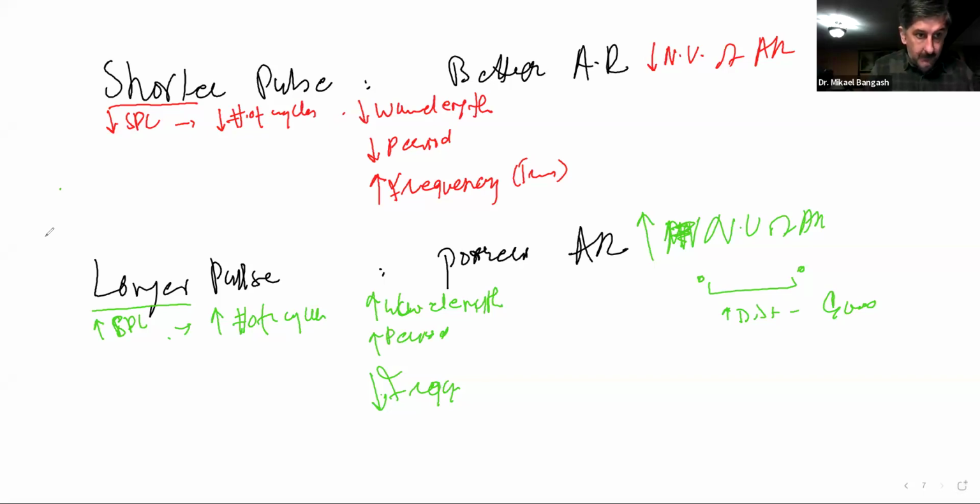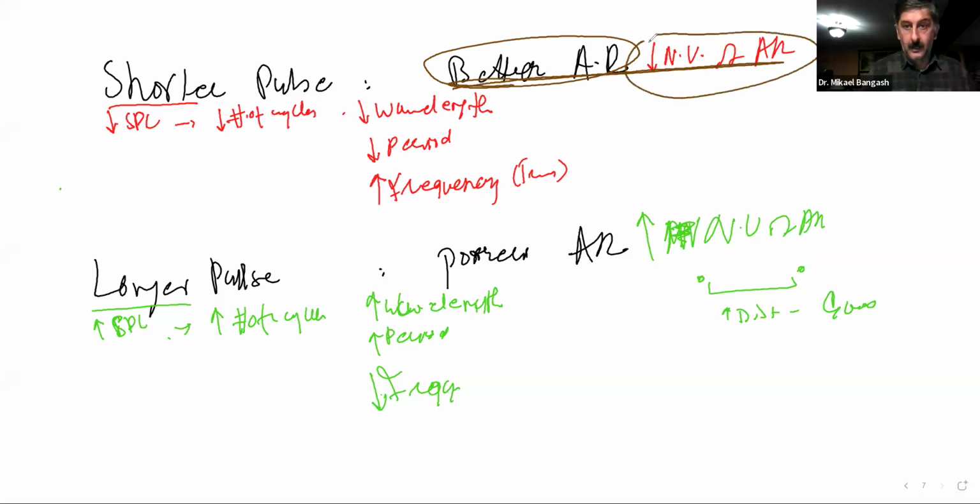So what can we say now? Because the question is, what gives us better exit resolution? Mainly that'll be because we have a lower numerical value of the exit resolution, which means it's due to a lower spatial pulse length.